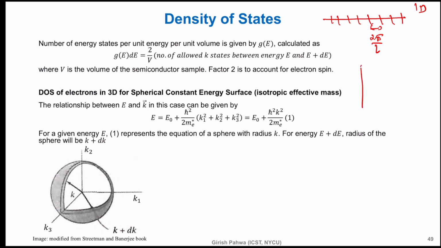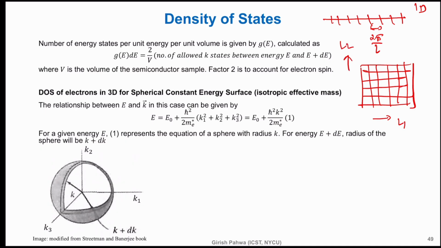In 2D, you have a grid. We talked about it. Say along this the dimension is L1, along this the dimension of the sample is L2. So this distance will be 2 pi by L1, and this width will be 2 pi by L2.